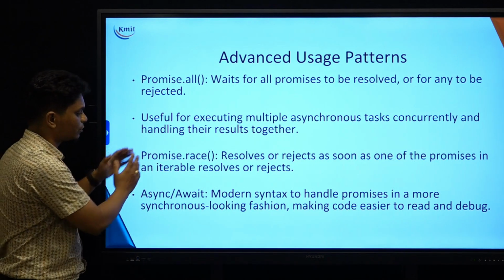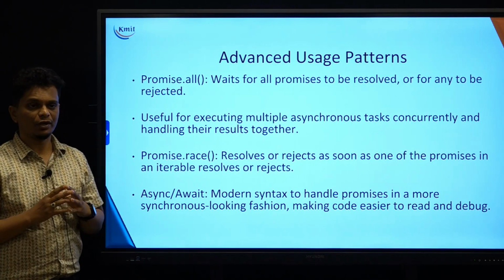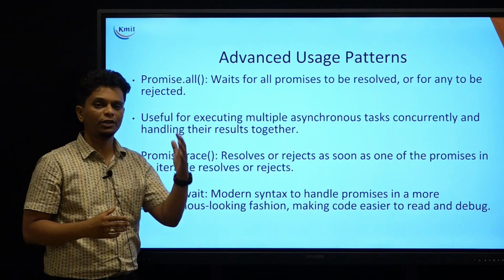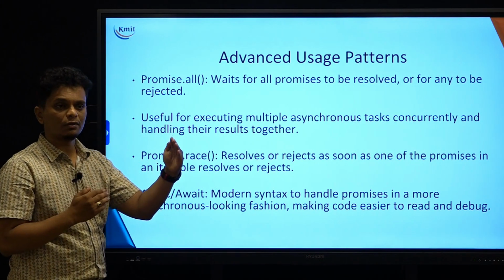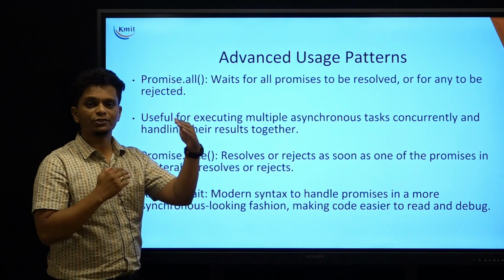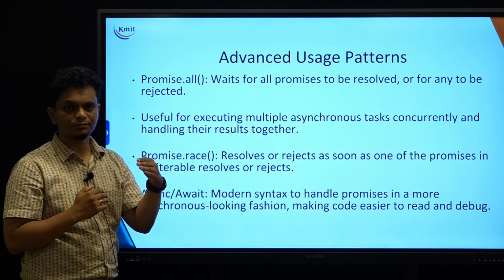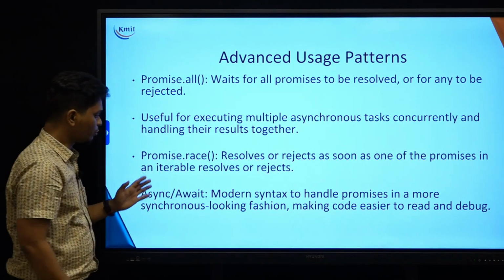This is a very important method where you can use it for fields where you cannot allow even a single error to occur. So that is where we use promise.race.